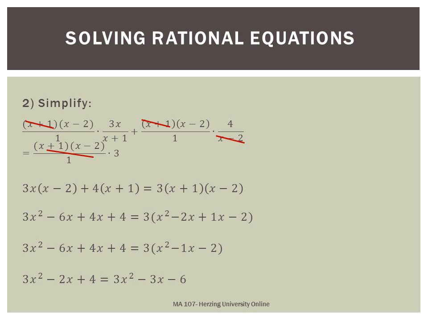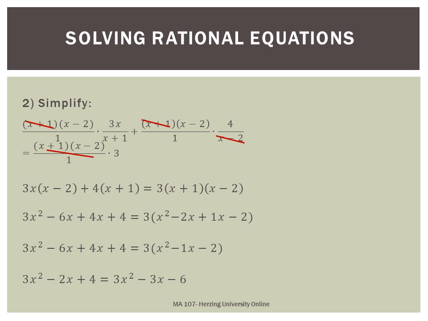Now we need to simplify. Notice the x plus 1 term cancels in the first expression, and the x minus 2 term cancels in the second expression. Simplifying, we get 3x times x minus 2 plus 4 times x plus 1 equals 3 times x plus 1 times x minus 2.